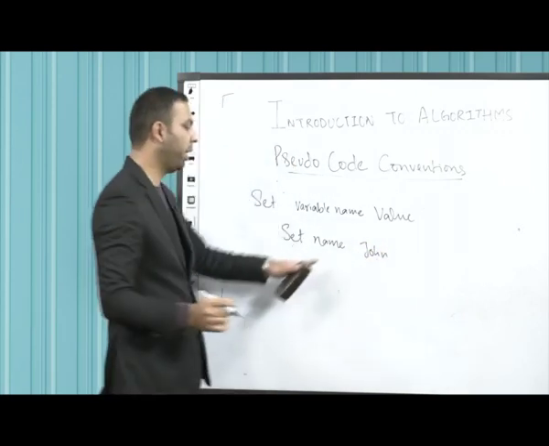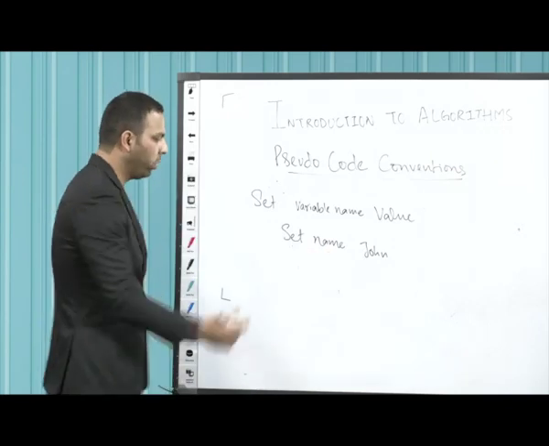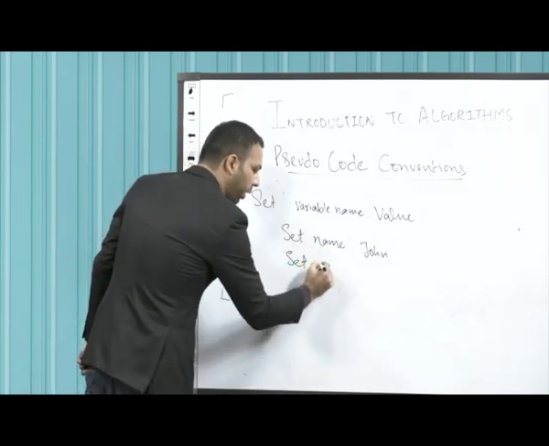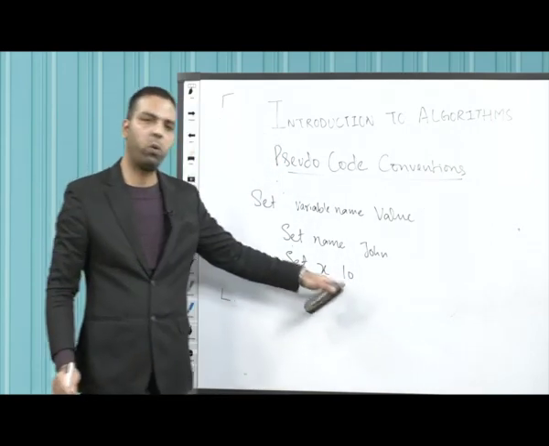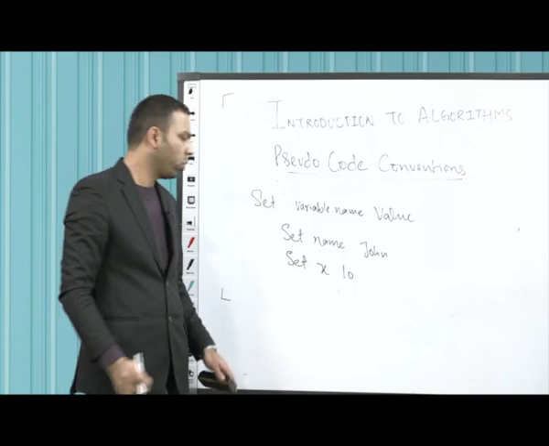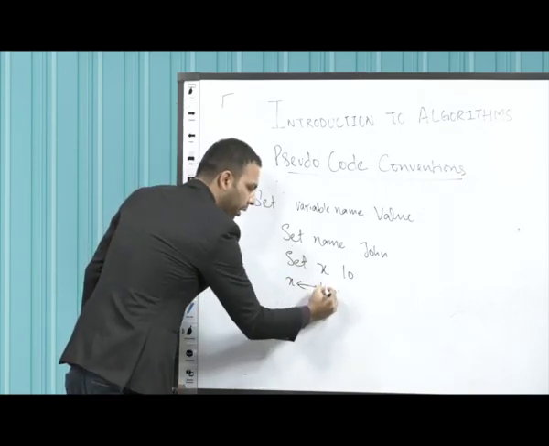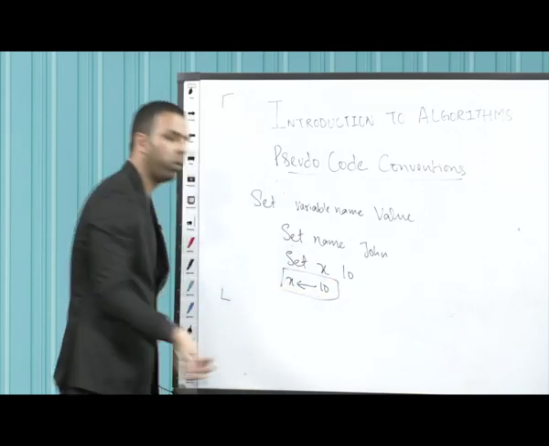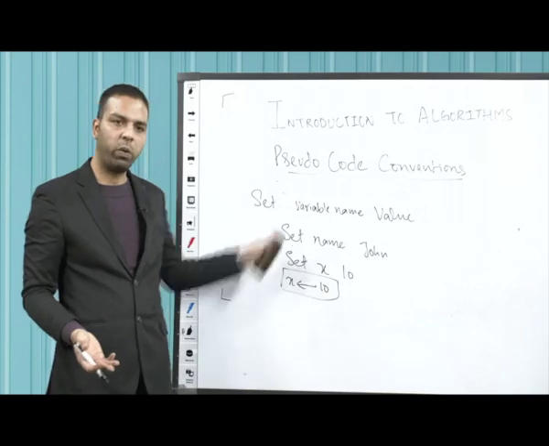So you are assigning John to this variable name. Again, you can use set x 10. So you are storing the value 10 into this variable x. You can also write it like this, x 10. This is also a proper way to show that you are initializing or assigning the value 10 to this x.